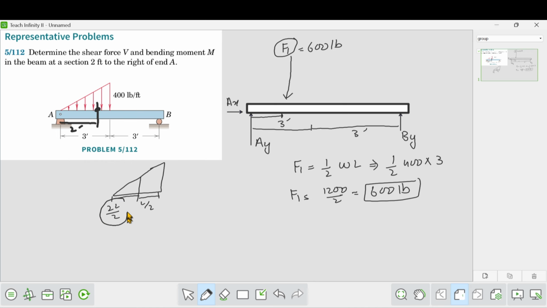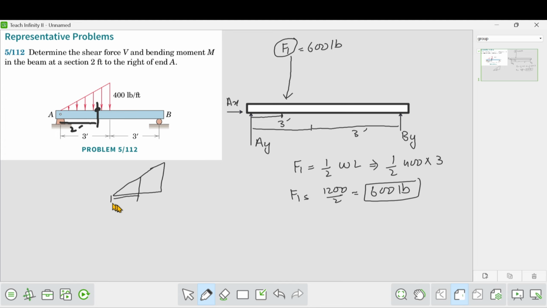So we require this length. 2L, L is total 3 feet, divided by 3.